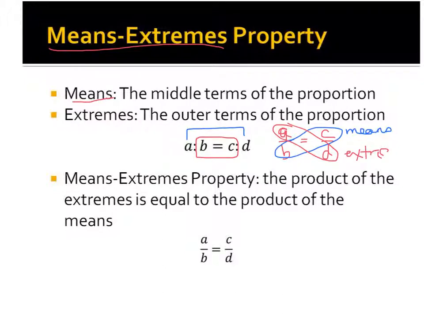What the means extremes theorem or property says is that the product of the extremes, so the product of A and D, is equal to the product of the means, so the product of B and C. So the product of the extremes, AD, equals the product of the means, BC.